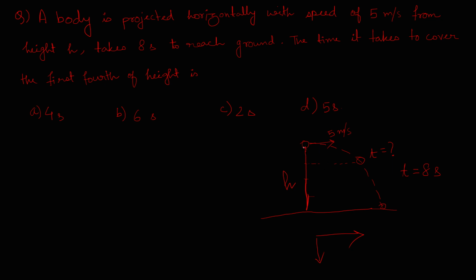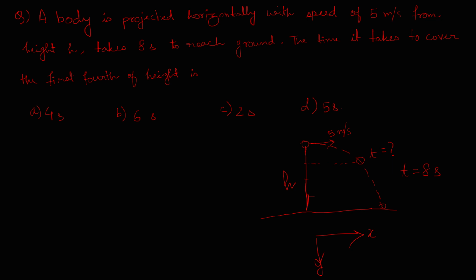Because when the ball reaches the ground, it is moving downwards as well as forwards. So I am dividing the motion of the ball into two components, the x component and the y component. Now this whole problem is based on the y component of the motion of the ball.